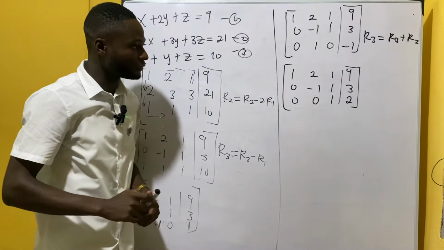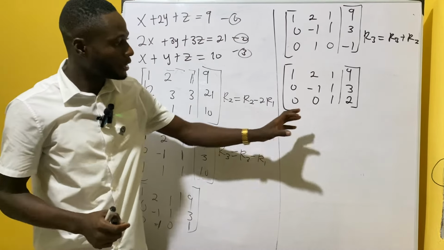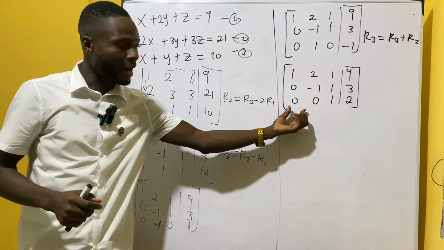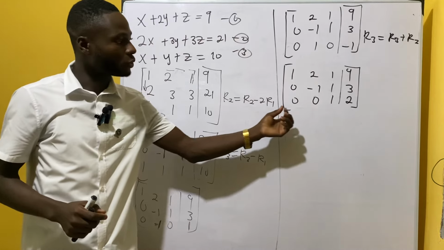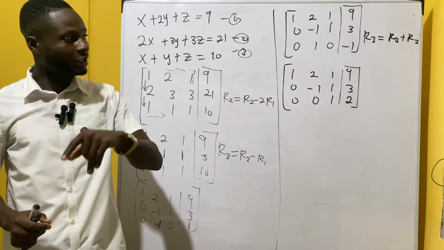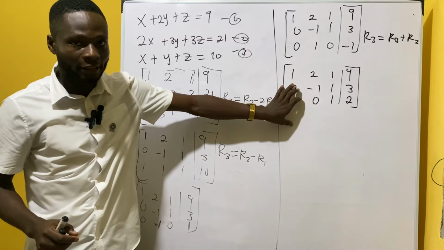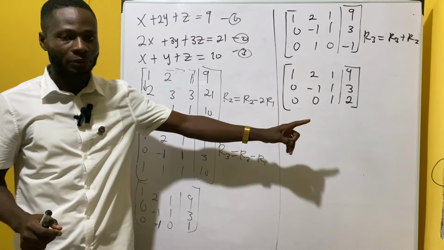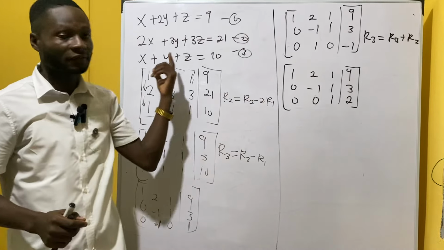So what we do next is that we are now done with the upper triangular matrix, right? So this guy, Gaussian elimination, he ended here. So you have to do back substitution to get the values for the variables.